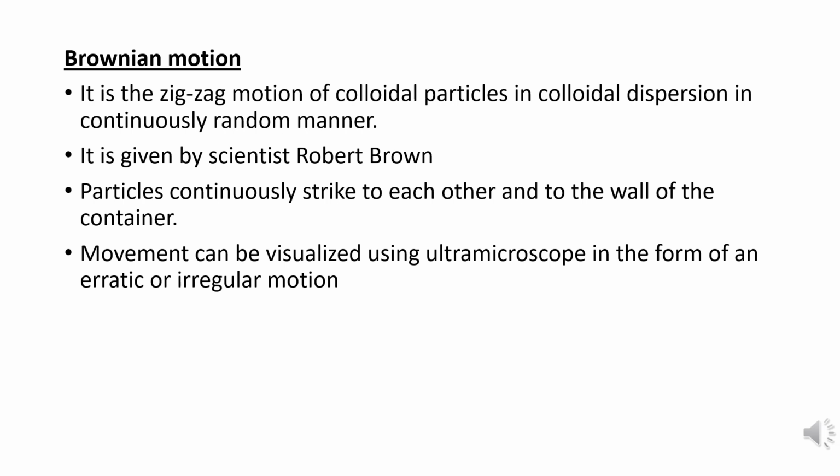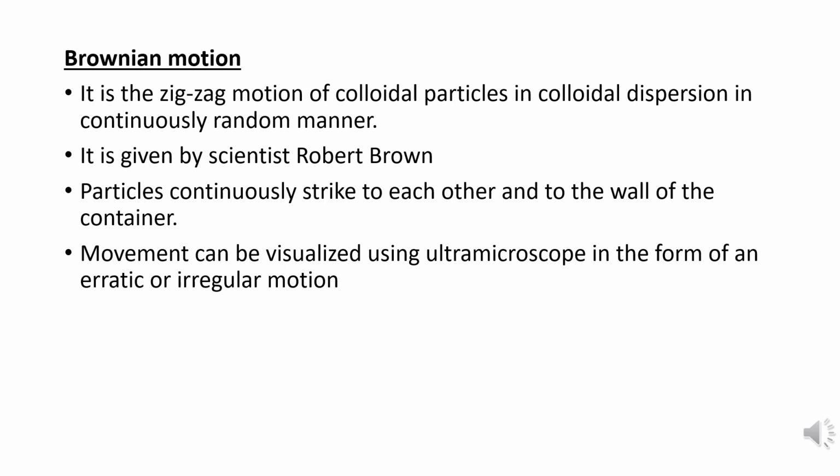Let's see Brownian motion. Brownian motion means a continuous and zigzag movement of colloidal particles which are suspended in a dispersion medium. The particles never remain in a static condition. They keep moving regularly in all directions in the medium.